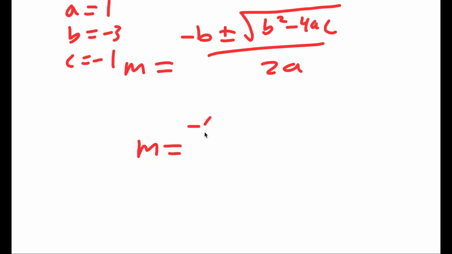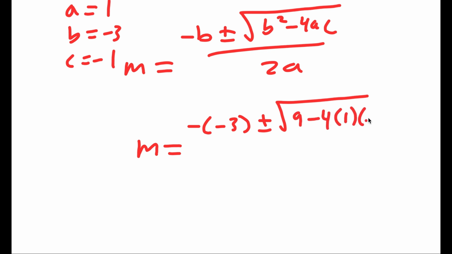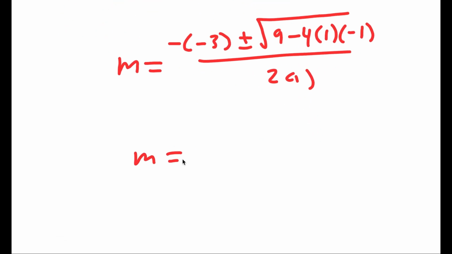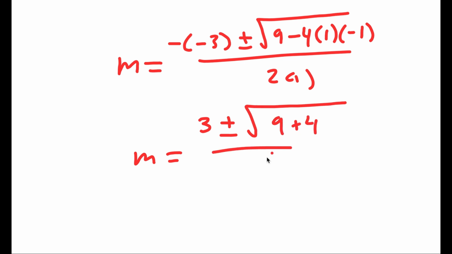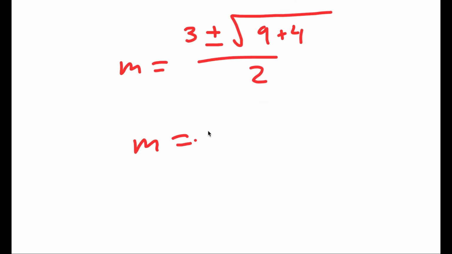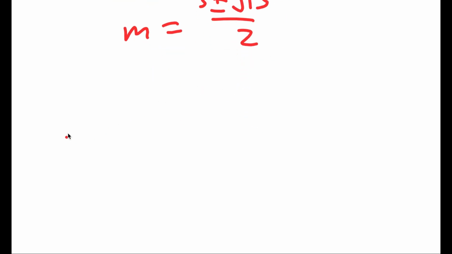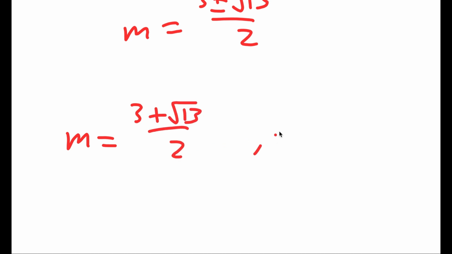So I get x is equal to negative of negative 3 plus or minus the square root of negative 3 squared, which is 9, minus 4 times 1 times negative 1, all over 2 times 1, which is equal to 3 plus or minus the square root of 9 plus 4 over 2, which is equal to 3 plus or minus the square root of 13 over 2. So my two solutions of x are 3 plus the square root of 13 over 2 and 3 minus the square root of 13 over 2. So these are my solutions.